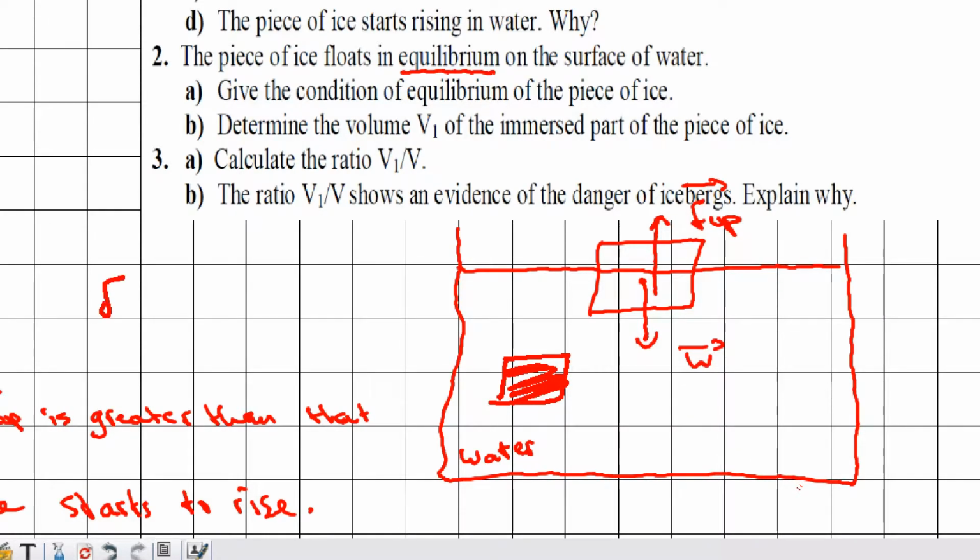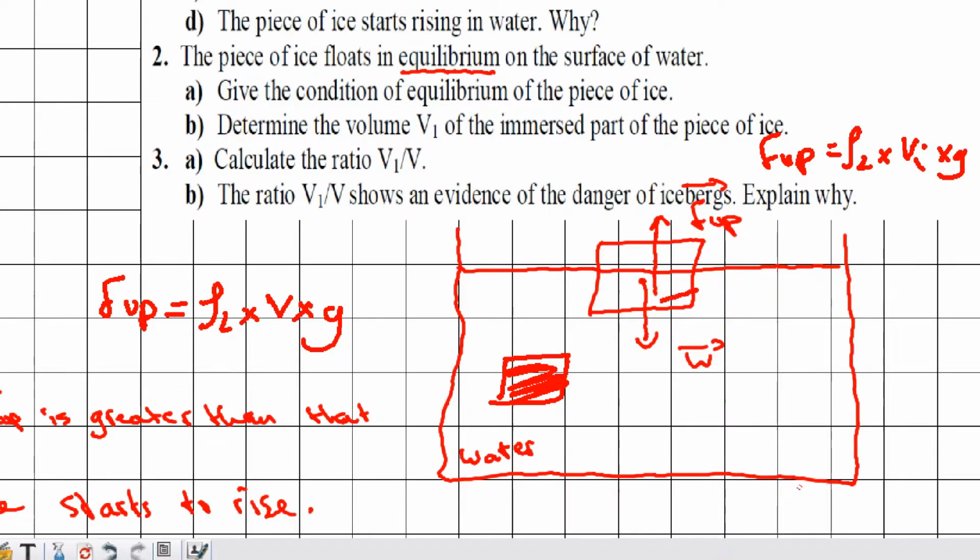So F upthrust is given by rho L times V times g, because it is completely immersed, so V is equal to the total volume of the piece of ice. Now when it's floating on the surface of the liquid, F upthrust is given by the density of the liquid times Vi times g. In this case, the volume of the immersed part changed from the total volume to this volume. So in this case, the magnitude of F upthrust will change as well.